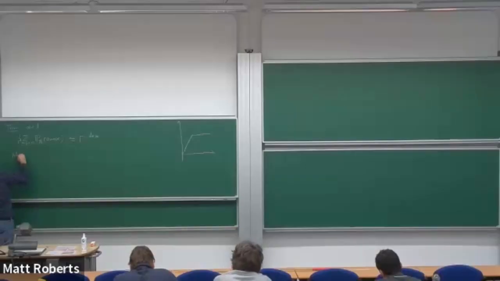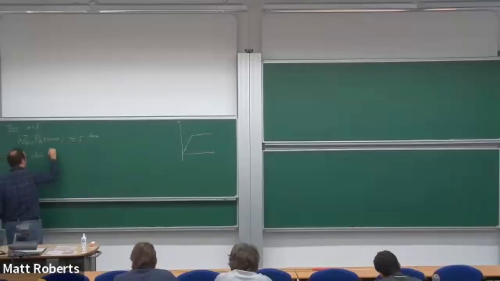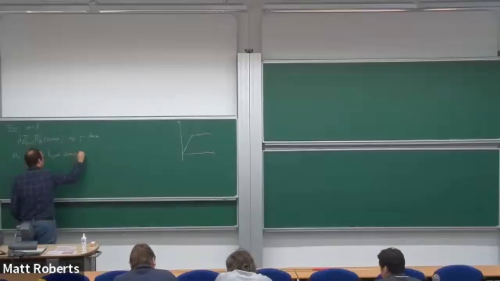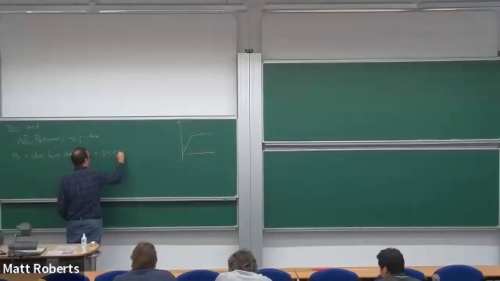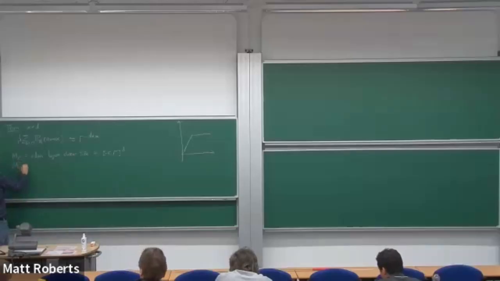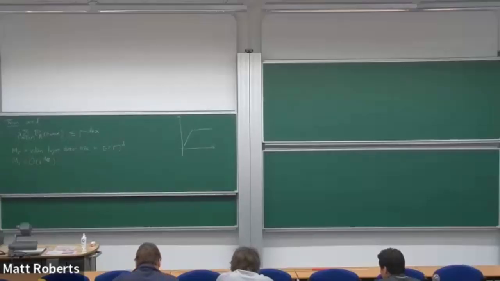So let's define M_r to be the median largest cluster size in the box. We saw that this satisfies a bound like this. Now, of course, we didn't really see this, we did the hierarchical version, but this is true.